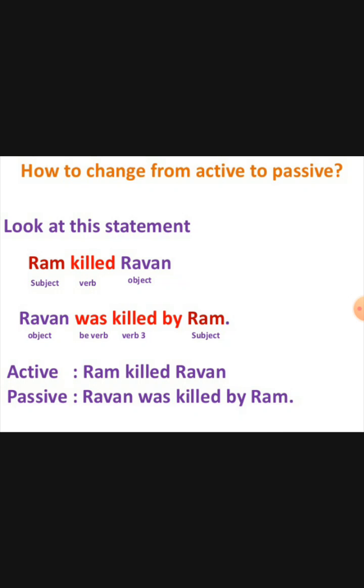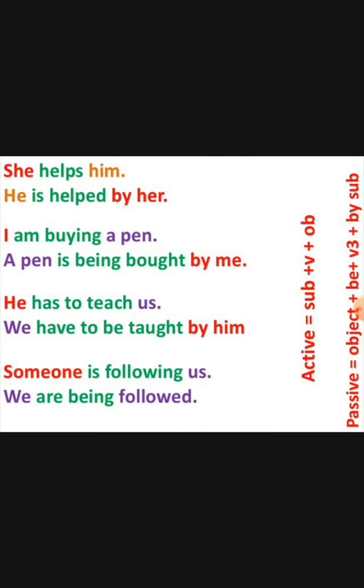Because this sentence exactly is in past indefinite. So be will be changed into was. Past participle, killed, and we have to use by before the subject, and now the subject Ram. So the sentence will be Ram killed Ravan in active voice, and its passive voice will be Ravan was killed by Ram.